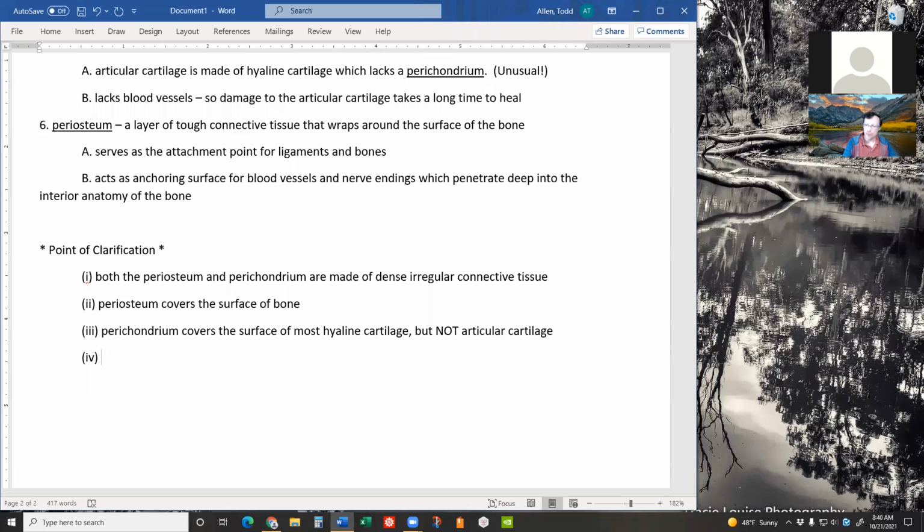There's primarily two modes of bone formation: intramembranous ossification and endochondral ossification, which are figures 6.5 and 6.6.